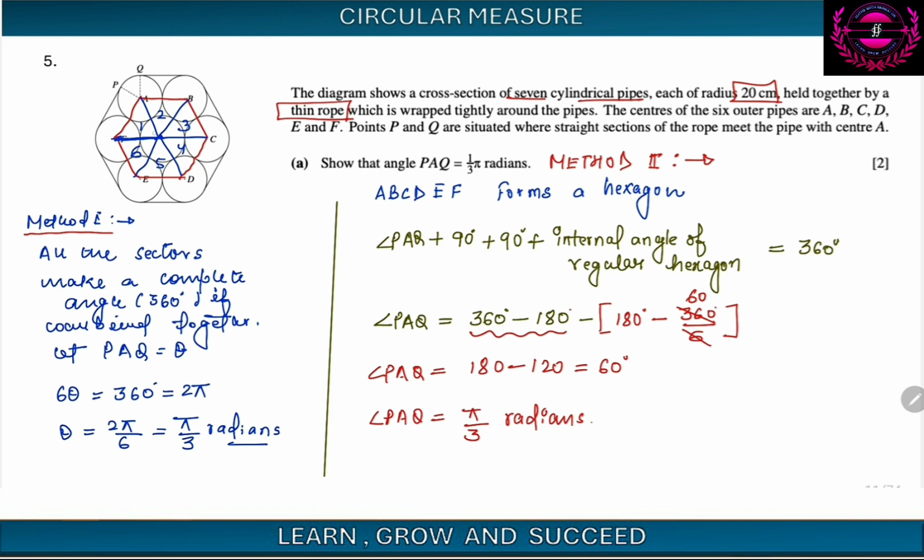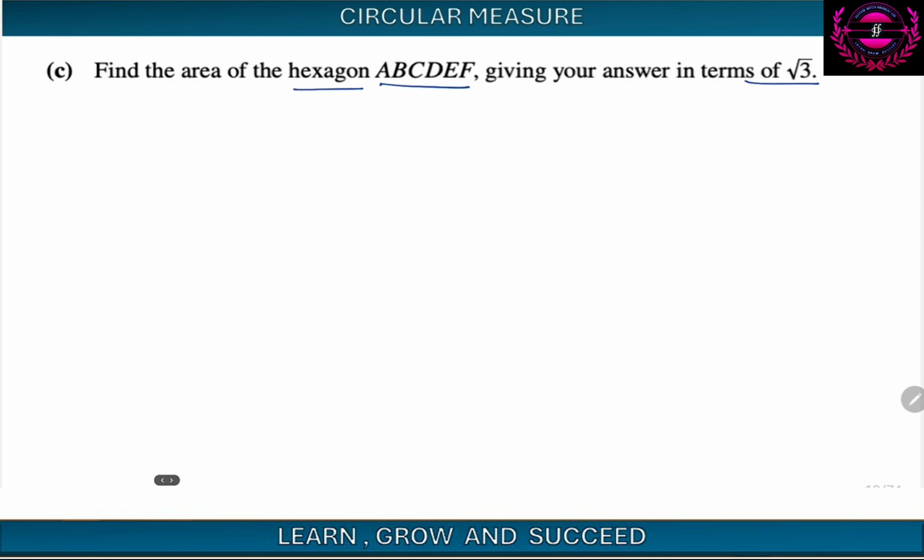And if you have to find the angle subtended by the triangle at the center, this is 2 pi divided by 6. See, these 6 triangles form 360 degrees, or you can say 2 pi radians at the center.